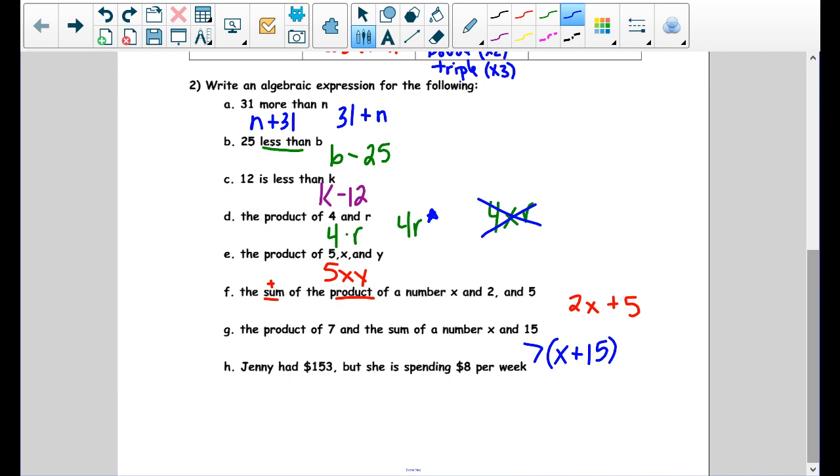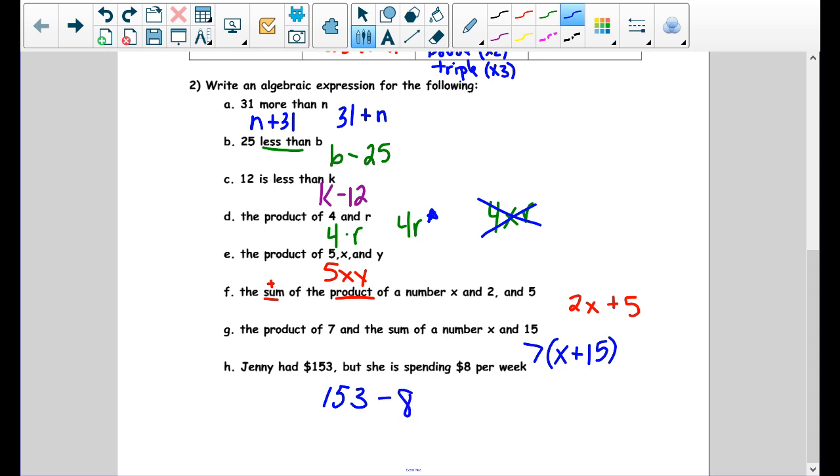And then this might be a word type problem here. Jenny had $153, but she's spending $8 per week. How could I write an expression for this? 153, well, she's spending $8 per week. So minus 8 times the weeks.